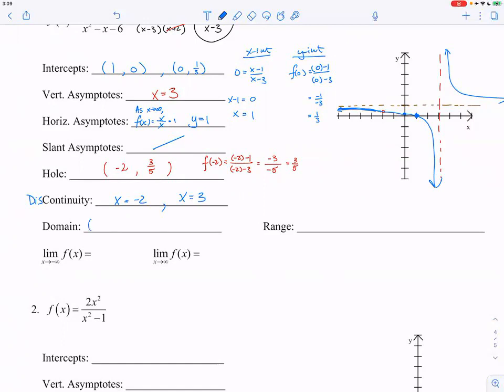And the domain is going to be negative infinity to negative 2, negative 2 to 3, and 3 to infinity. So if you know the discontinuity, you know the domain.